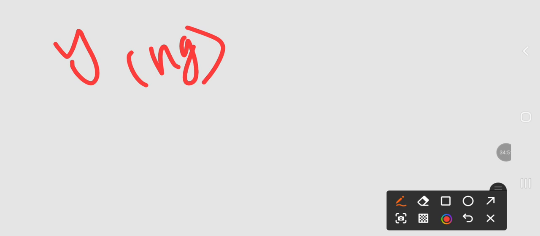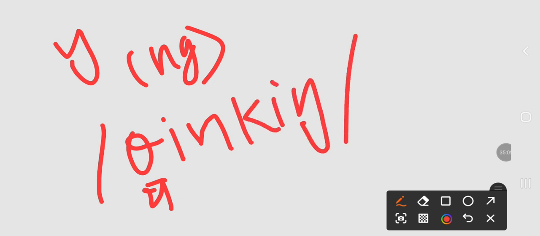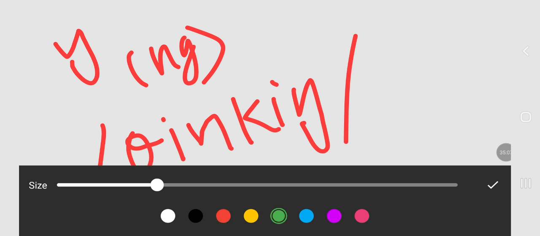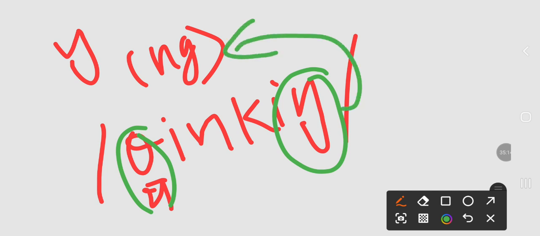Ing, and this is thing. This is th. Think, thinking. Here you can see thinking. So this is the key sound. Thinking. When we speak the combination ng sound, we use these sounds. So you have to remember these new letters.